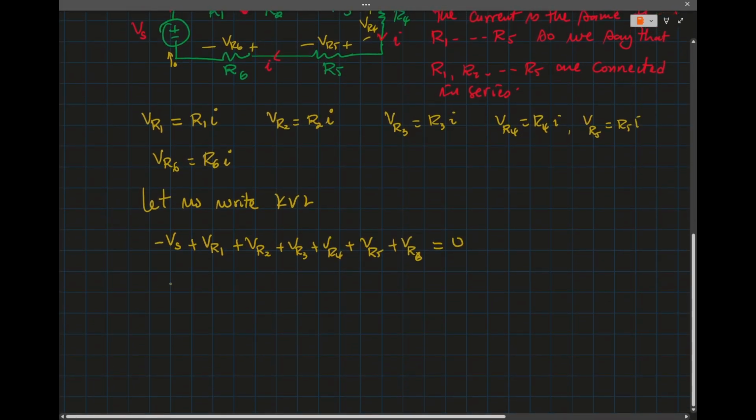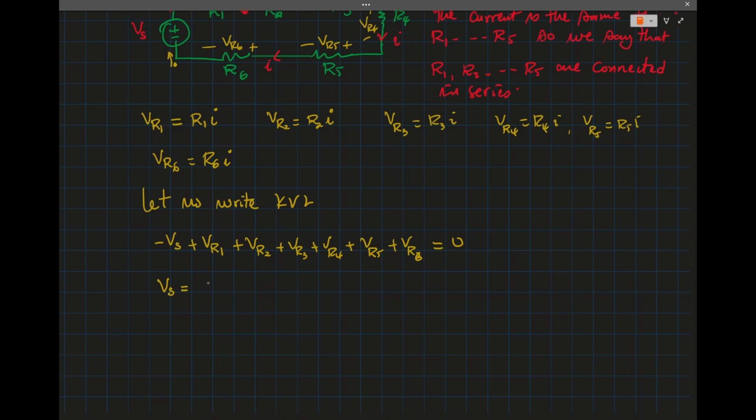Now, that means Vs equal to R1I plus R2I plus R3I, substituting V1, V2, V3 through V6 by their Ohm's law expressions, plus R4I plus R5I plus R6I.